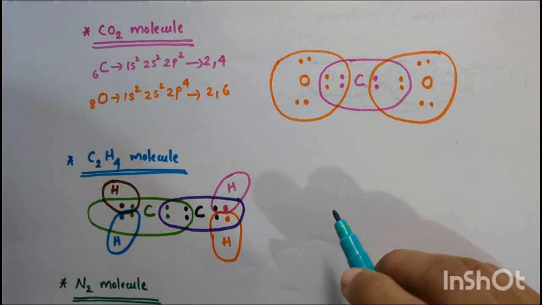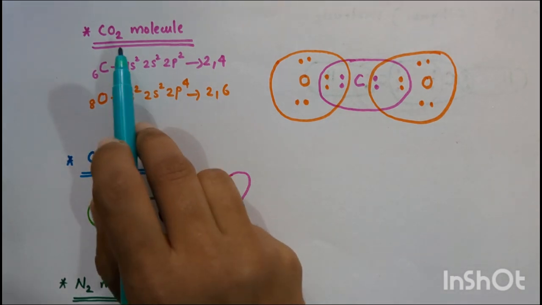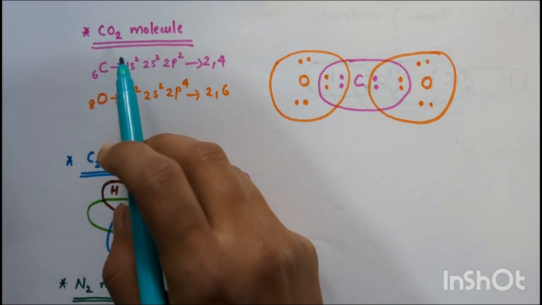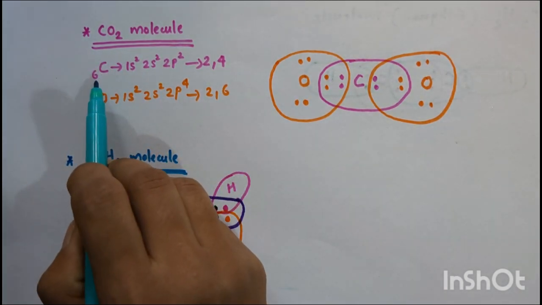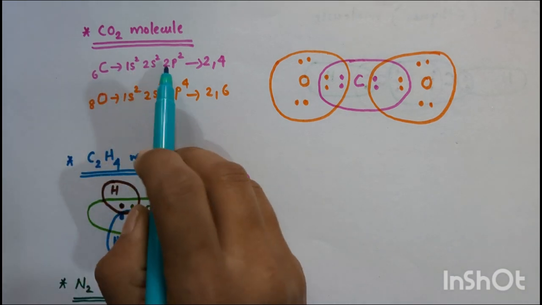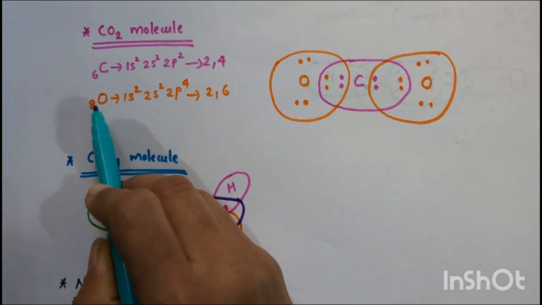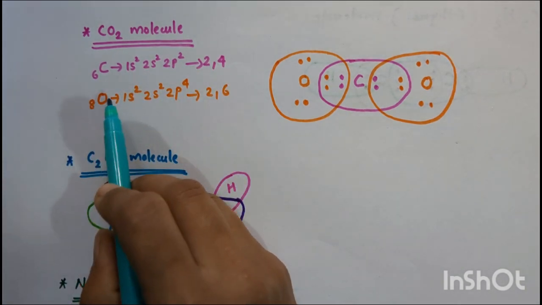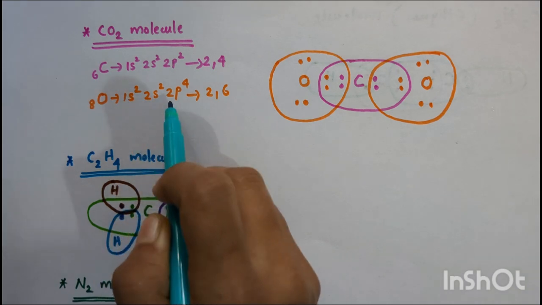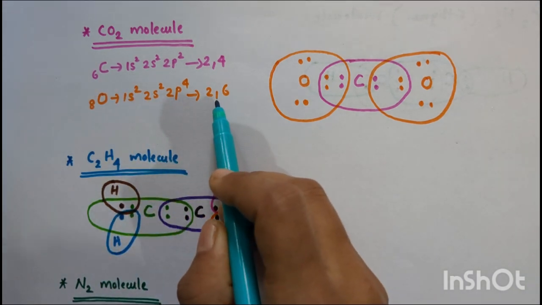Now, let us consider the case of the carbon dioxide molecule, CO2. Carbon has atomic number 6, so its electronic configuration is 1s2, 2s2, 2p2, that is 2, 4. Oxygen has atomic number 8, so its electronic configuration is 1s2, 2s2, 2p4, that is 2, 6.